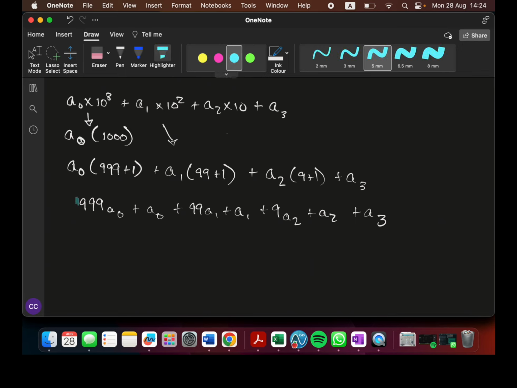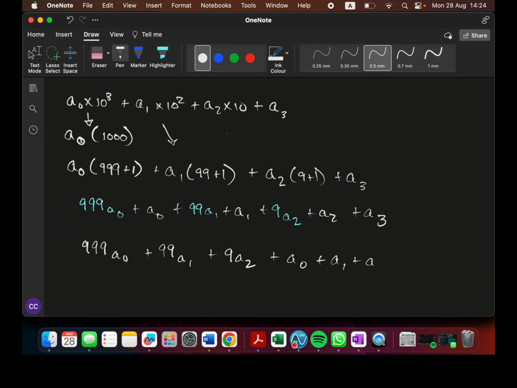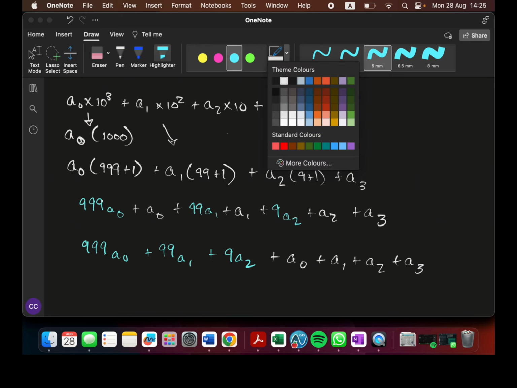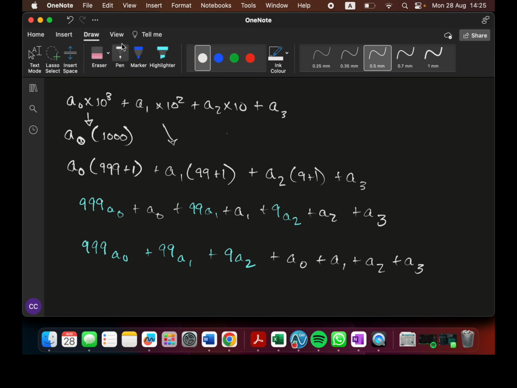Now I'm going to do some gathering, with my highlighter. If I grab all the terms that have a 9 and pull them together, I get 999 A0 plus 99 A1 plus 9 A2s, and then plus A0 plus A1 plus A2 plus A3.